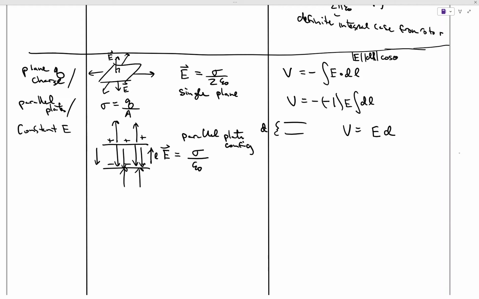And then vice versa, you could express E in terms of V as V over d. And there are circumstances where that's a nice way to talk about it. So this is in terms of voltage, whereas this is in terms of surface charge density and epsilon naught. So sometimes it's easier to work with the voltage and the geometry, the distance between the plates.